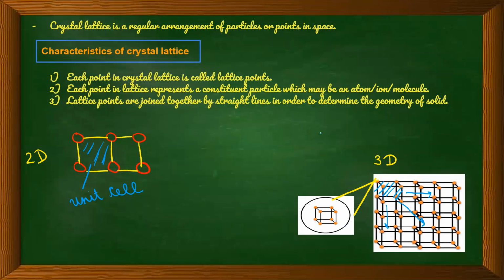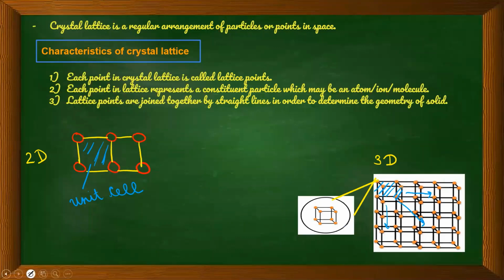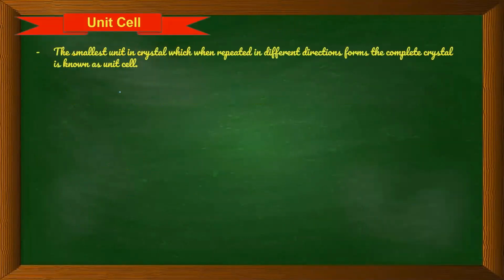So the unit cell is the smallest portion of the crystal which when repeated in the different directions results in the crystal formation. Now let us see the definition of the unit cell.